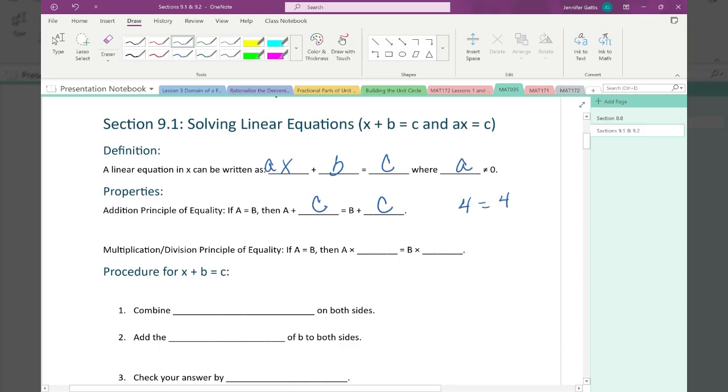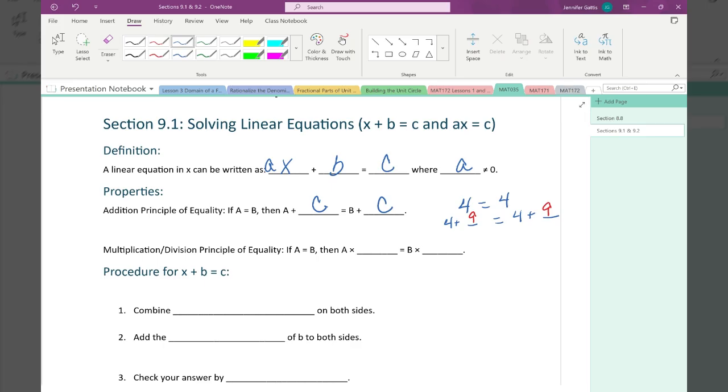The only way we keep that the same, if we have 4 plus something equals 4 plus something, is if that something is the same number. So, like, let's just say 9. Okay? So that's the addition principle of equality.